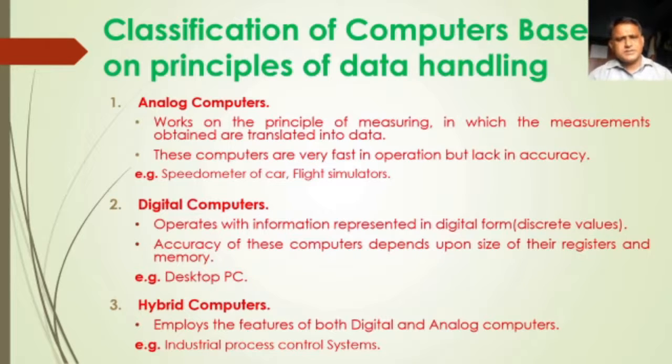These computers are very fast in operation but lack in accuracy. Because they measure continuously changing physical quantities, and these measurements are translated into data, they are very, very fast in operation, but the accuracy is not up to the mark we expect.